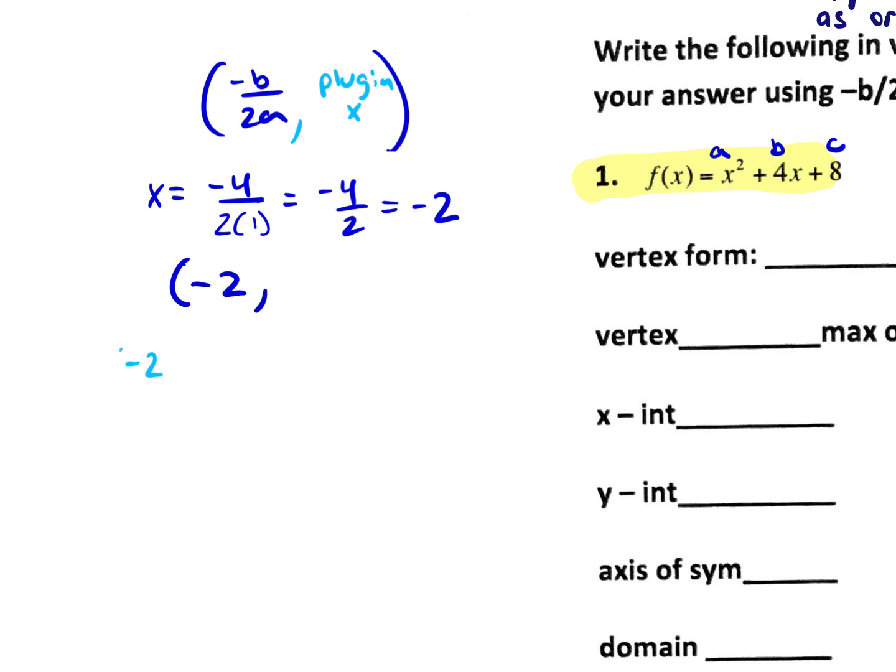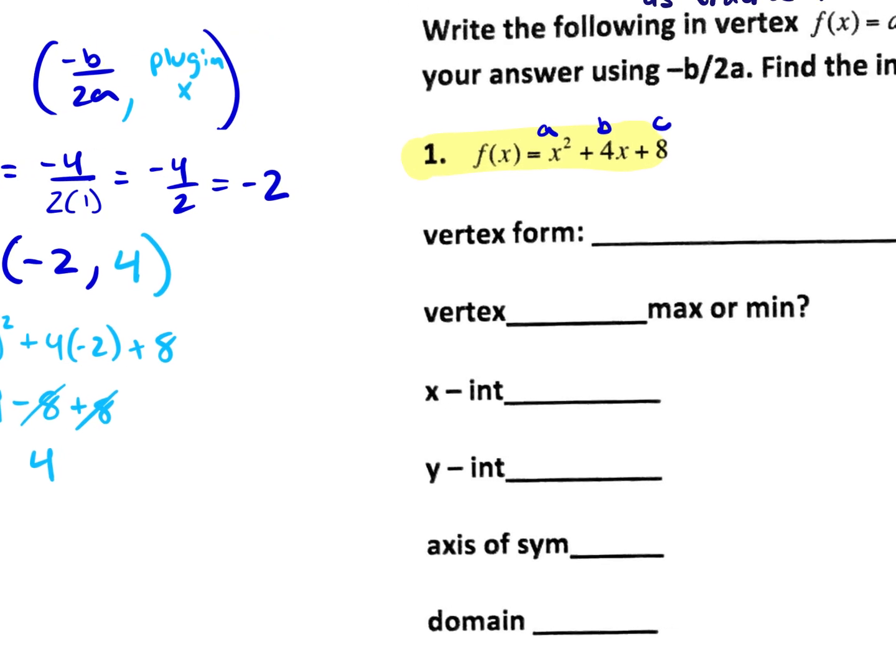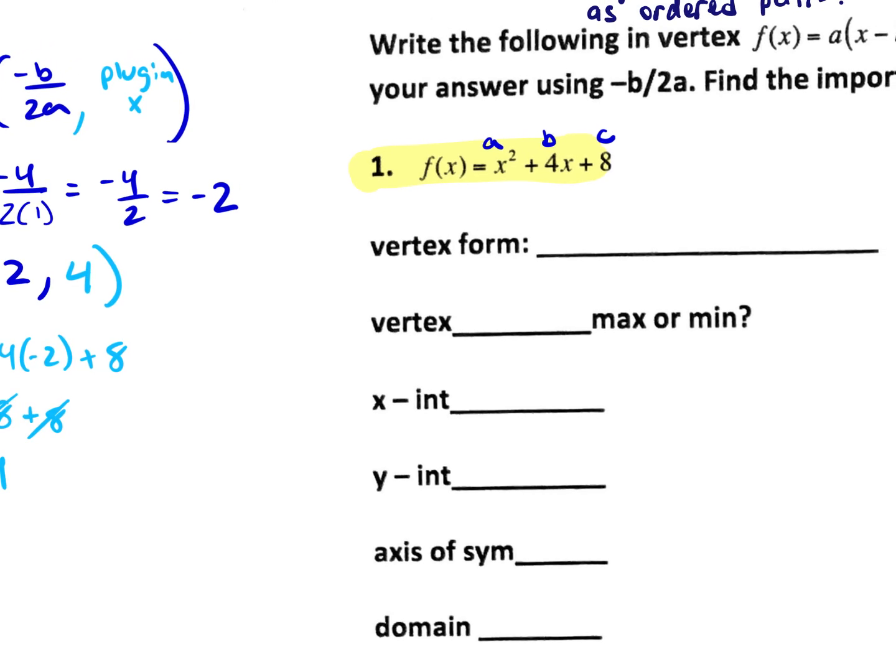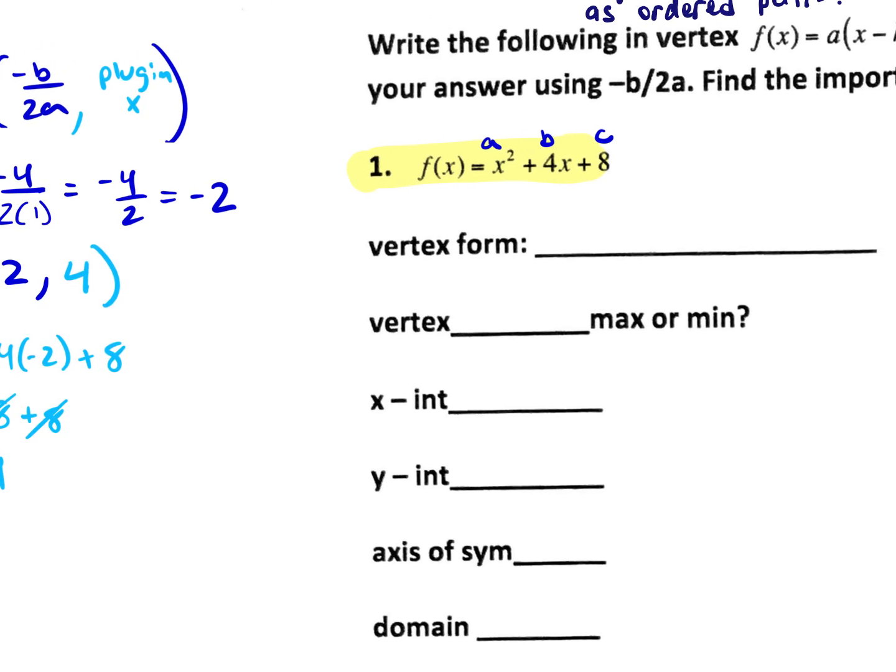So we have -2 squared plus 4 times -2 plus 8. So this would be 4 minus 8 plus 8, which would just be 4. So our vertex is what? -2 comma 4.